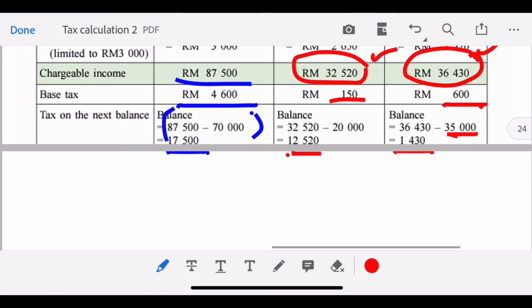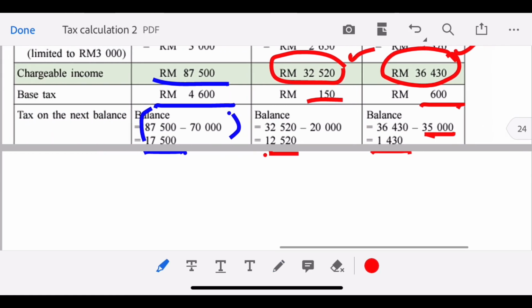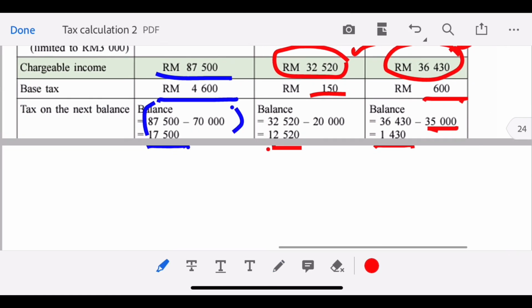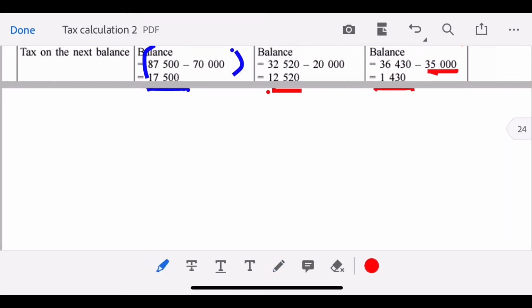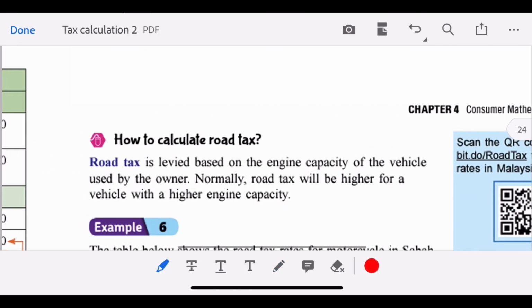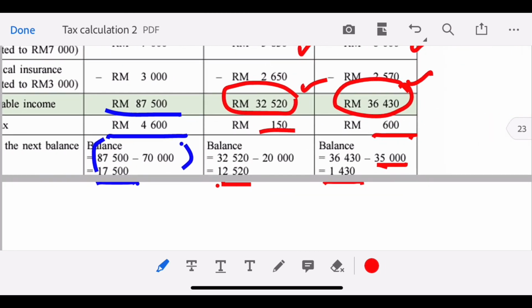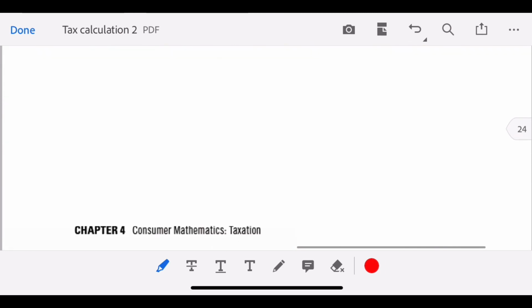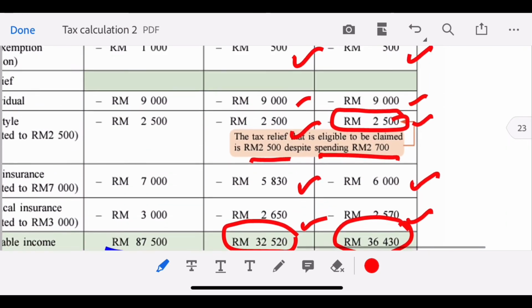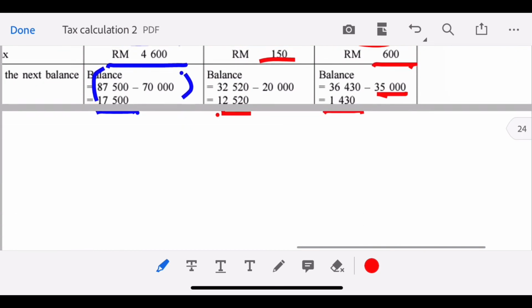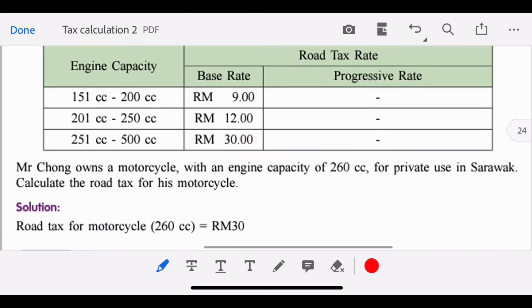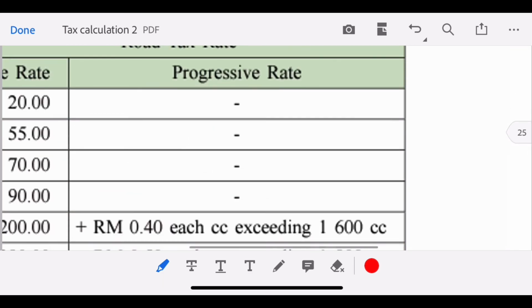So based on the balance, the tax will be calculated based on the table, right? Refer to the rate on the table. So then we will do the calculation for that. Okay, so let's see the calculation for the balance.